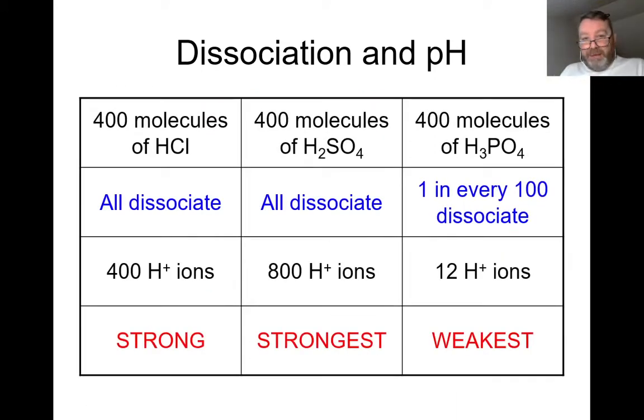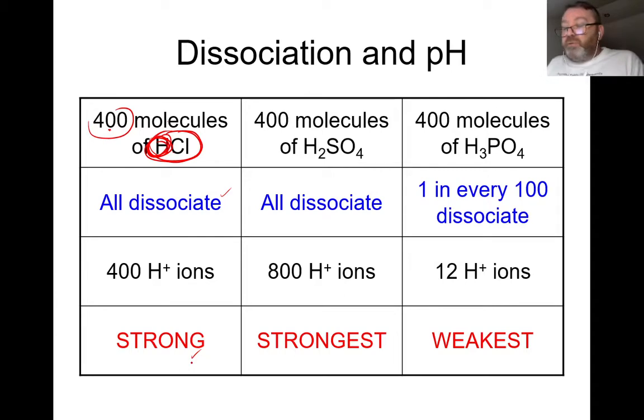Let's take 400 molecules of HCl. Every molecule of HCl has one hydrogen. But here's the key thing. When you put all 400 of these molecules into water, all of them dissociate. They all break up. So 400 molecules of HCl will give 400 H pluses, which is very, very strong.